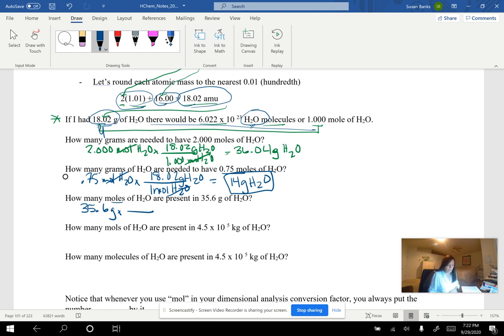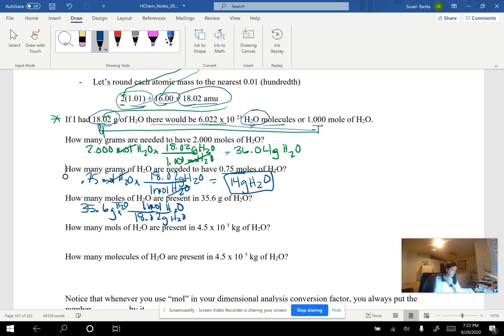So I'm going to use the same relationship, only I'm going to flip it this time. So instead of putting moles on the bottom, I'm going to put grams on the bottom, and I'm going to put moles on the top because I want my grams of water here to cancel out. So I have 18.02 grams of water in 1 mole of water.